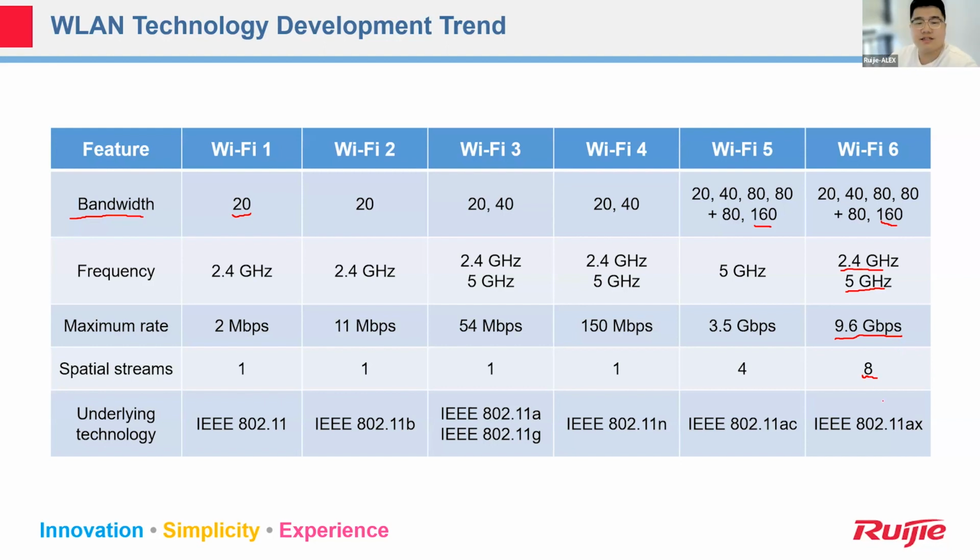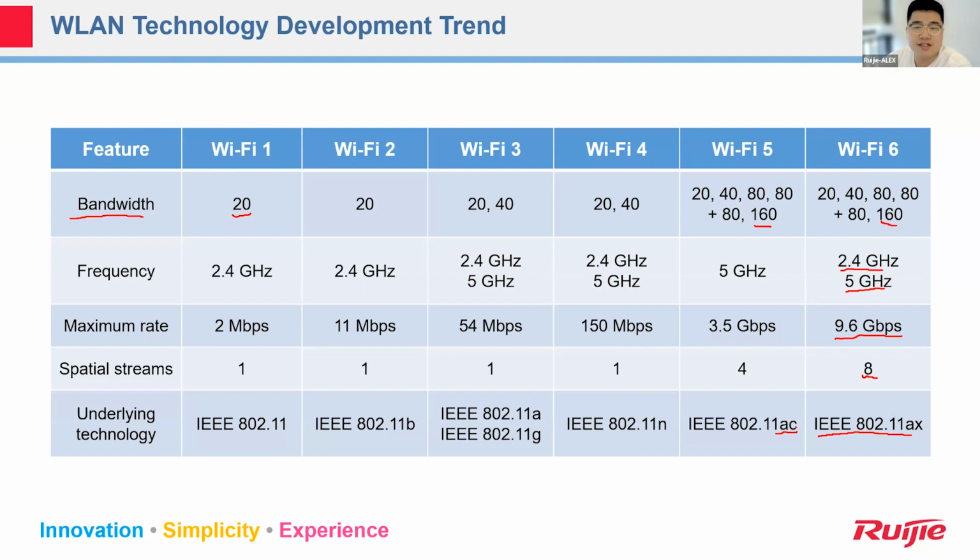The standard related to Wi-Fi 6 is IEEE 802.11ax, and Wi-Fi 5 is 802.11ac. So from here you can know that both the bandwidth and the rate have increased a lot based on the development of the WLAN technology.